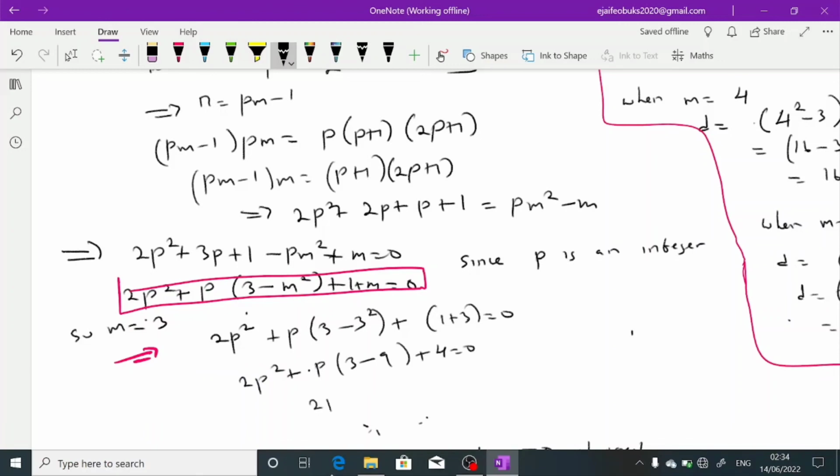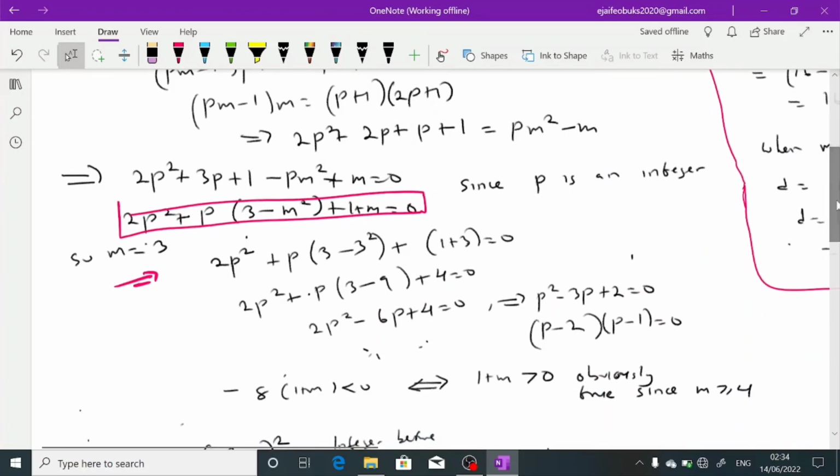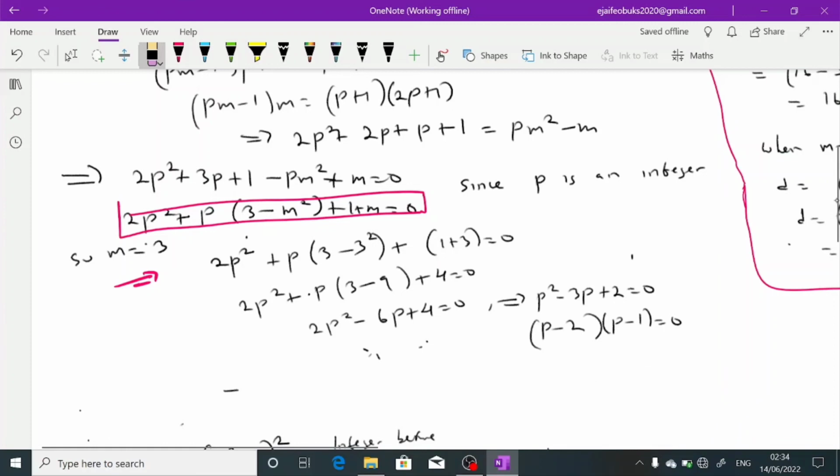So you have 2p squared minus 6p plus 4 equals 0. Dividing by 2, p squared minus 3p plus 2 equals 0. Factorize: p minus 2, p minus 1 equals 0. So p is either 2 or 1.